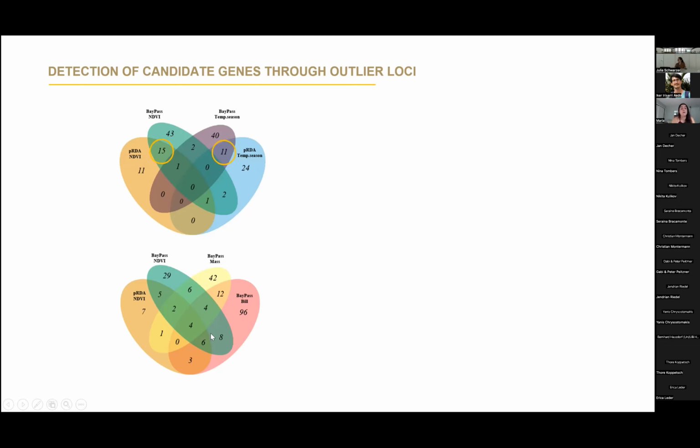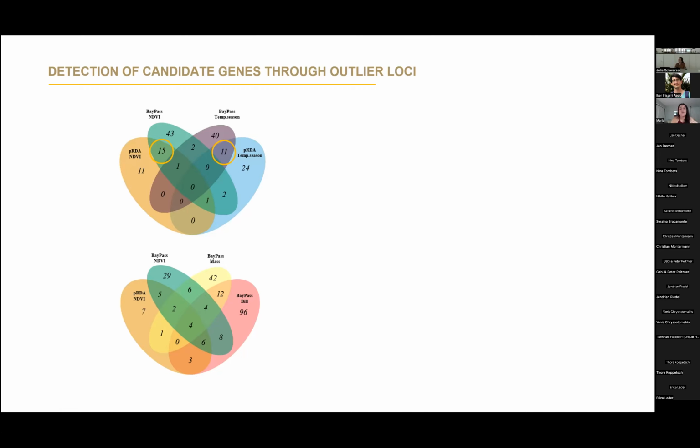And in the bottom one, we have the overlap between different methods using environmental variables and then phenotypic variables with BayPass. And as you can see, there's also some overlap among methods and variables. So this helps us to identify the strongest candidates.